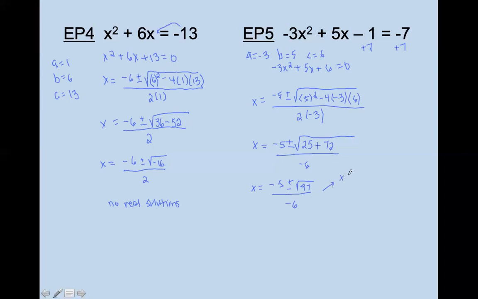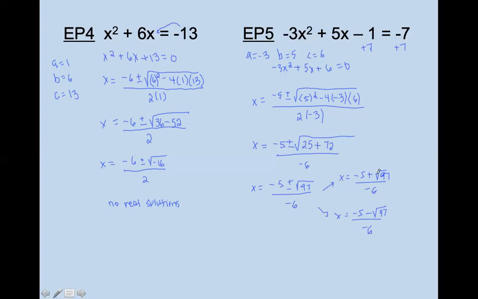So one of my x values is going to be -5 plus the square root of 97 divided by -6. And that's a 9, by the way. That's really looking like a 4. And my other solution is x equals -5 minus the square root of 97 divided by -6.